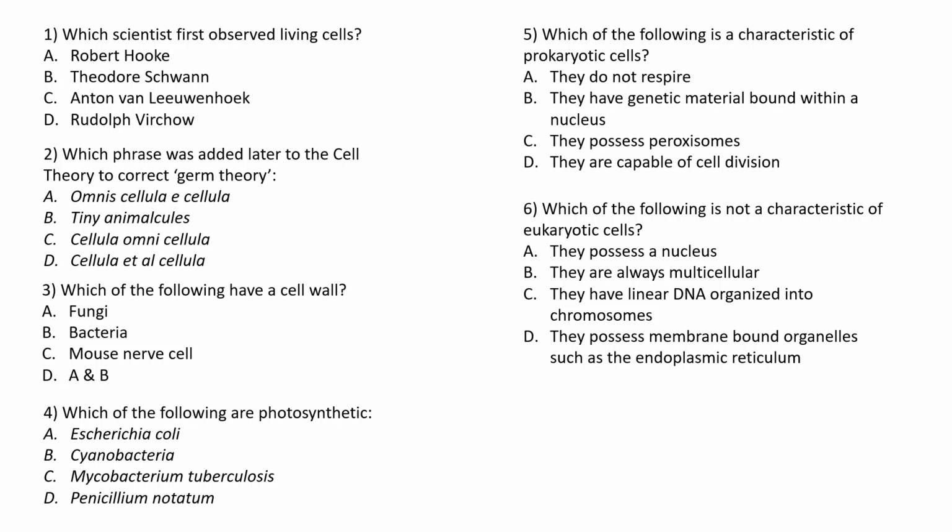So now the next question is, which of the following is not a characteristic of eukaryotic cells? What do you guys think? A. They possess a nucleus. Do they possess a nucleus?